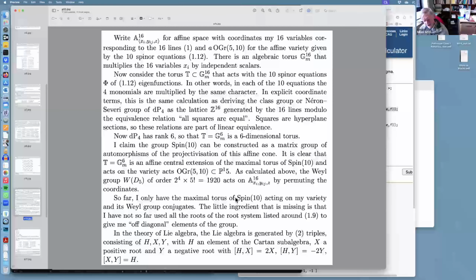So there's a lot of stuff actually on this variety. The problem with this is that Spin 10 together with this group of 1920 is still only a 5-dimensional root system.